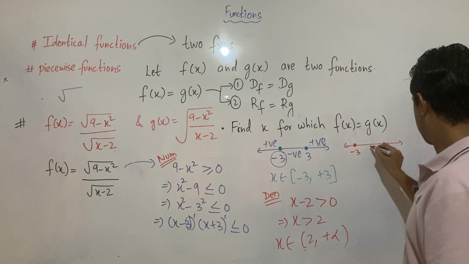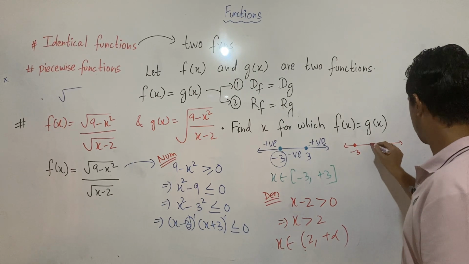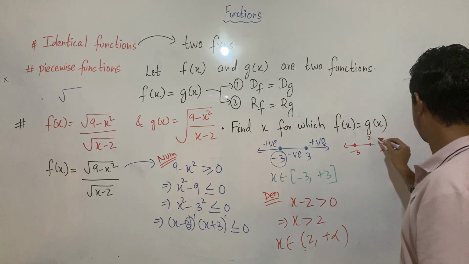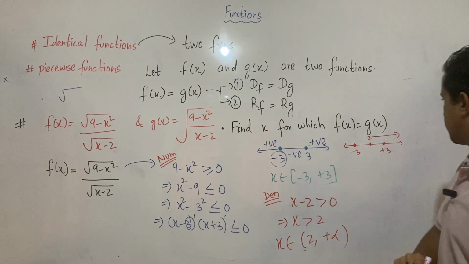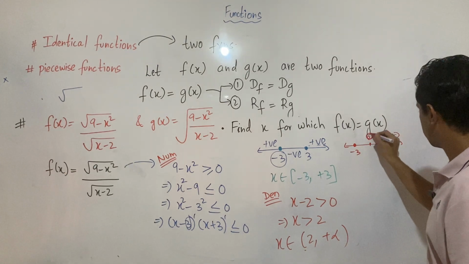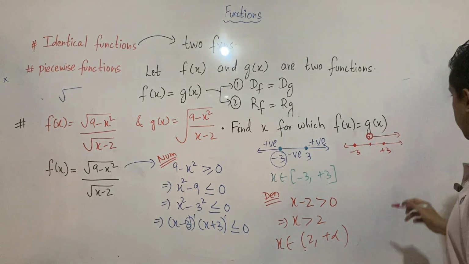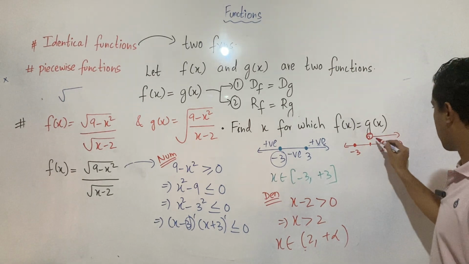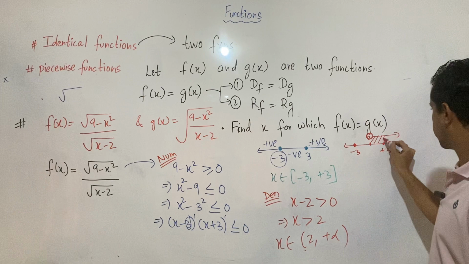So here you have 2, and here 2 to infinity, with a hollow dot at 2. Okay, so what's going to be the common ground? The common ground is going to be this one, right?